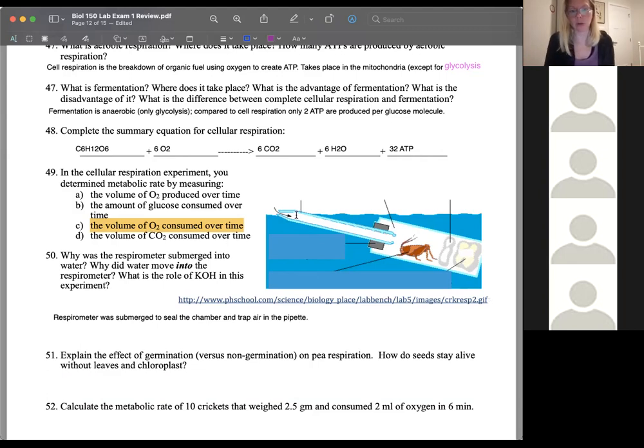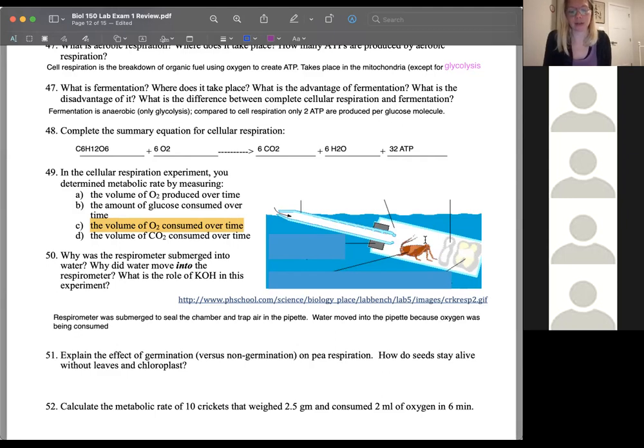And then why was water moving in as time went on? So oxygen consumed. Right, so it was moving in because oxygen was being consumed by whatever was inside the respirometer.